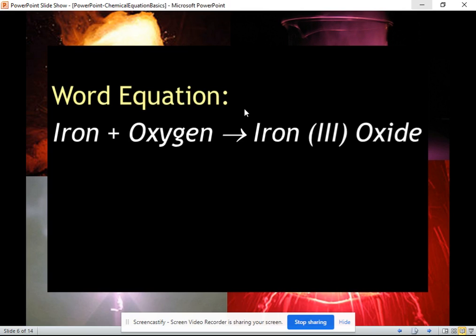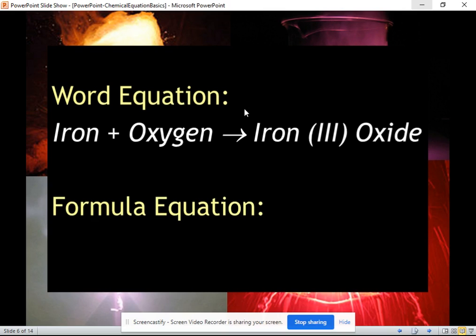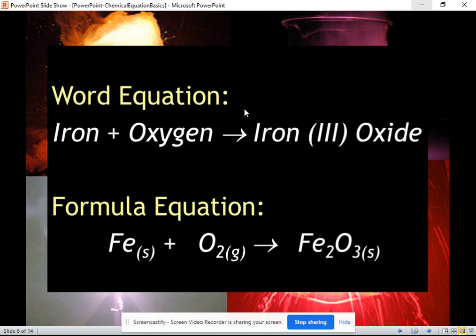Now what the formula equation looks like here is I would have to turn iron into a formula. Iron is just Fe. Oxygen actually ends up looking like this, O2. And iron 3 oxide is written like this, Fe2O3.